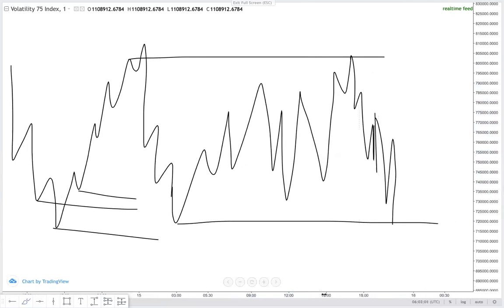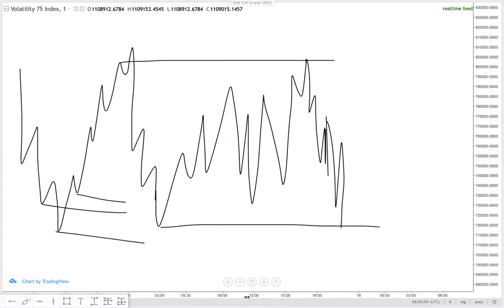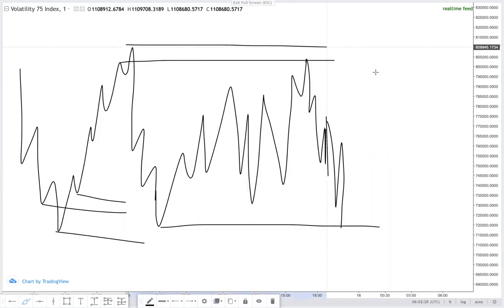So most of the time, the people who will be making losses during a market like this are people who will be taking trades at the middle of this correction. But for us, we'll be taking opportunities from the most high points and the most low points. By doing this, our risk will be small, whereby our stop loss will be somewhere around here.